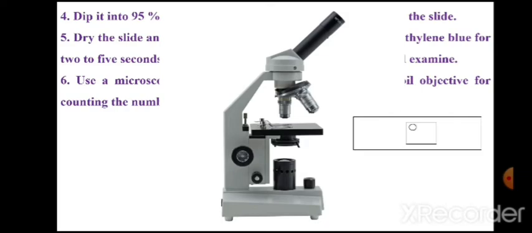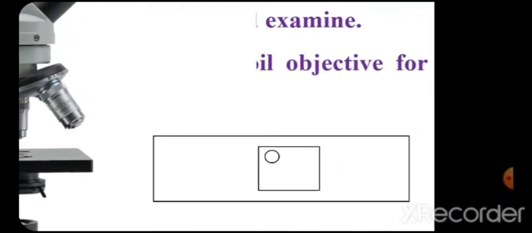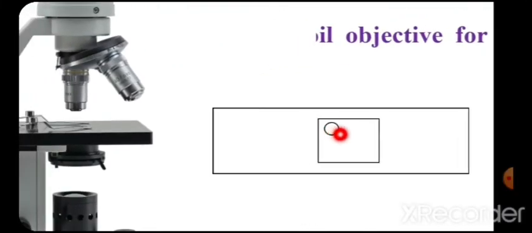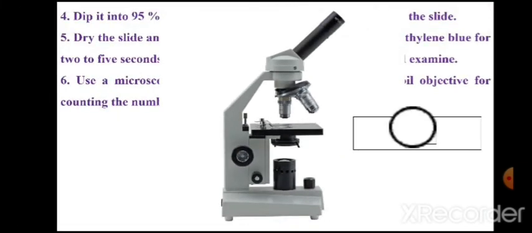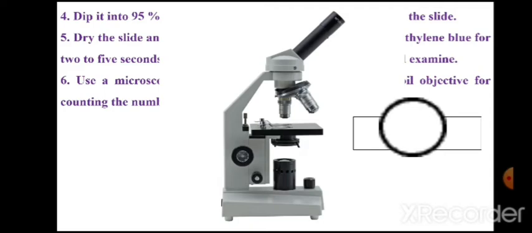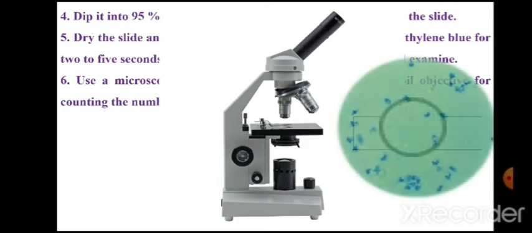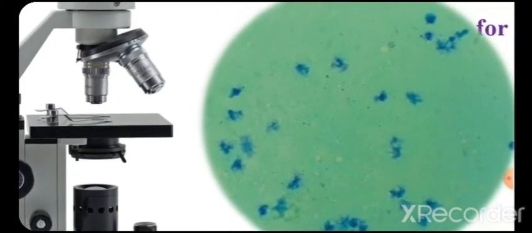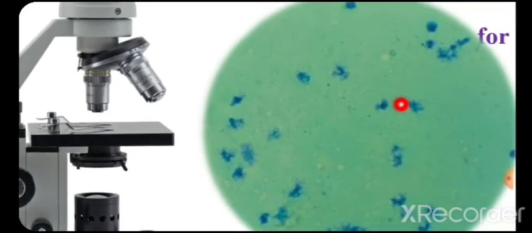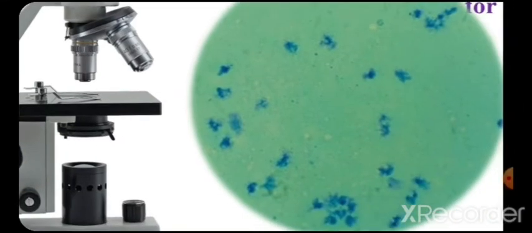Now what is this microscopic field? The microscopic field is circular, so when you observe under the microscope, it appears as a circle. In this microscopic field, we'll observe the somatic cells like this. You can see here the somatic cells with nuclear material stained blue. So count it.